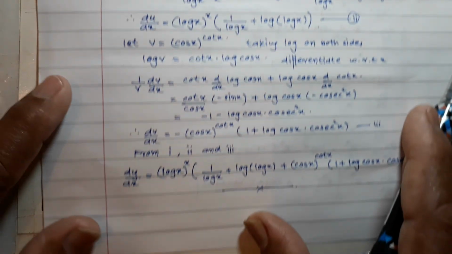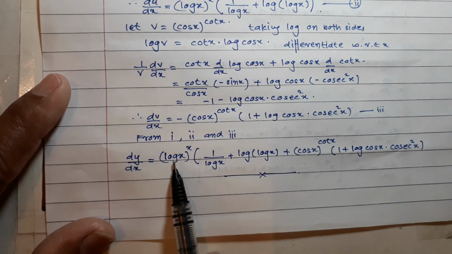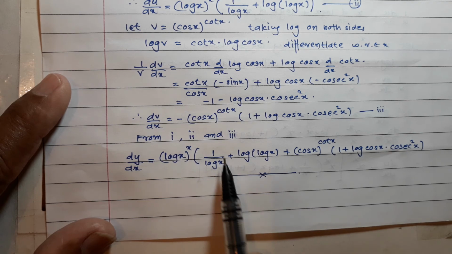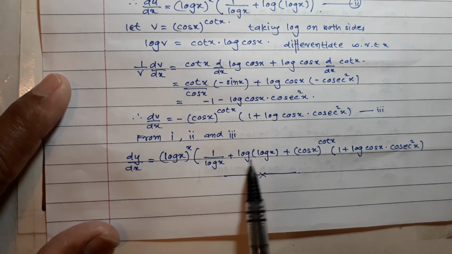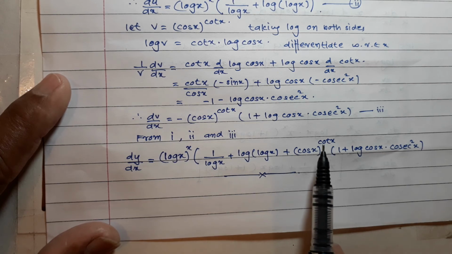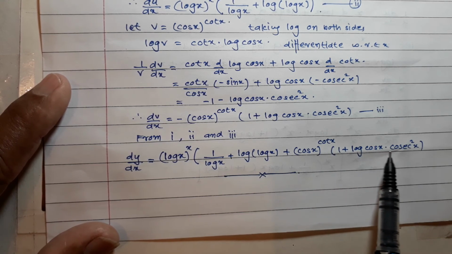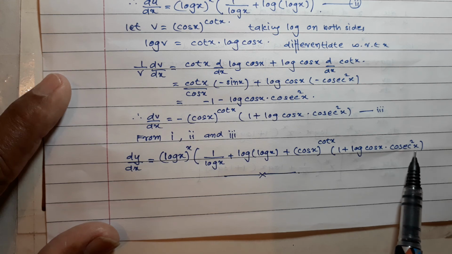Number 3. And from 1 to 3, dy/dx is equal to (log x)^x into bracket 1 upon log x plus log log x, plus (cos x)^(cot x) into bracket 1 plus log cos x into cosec square x.